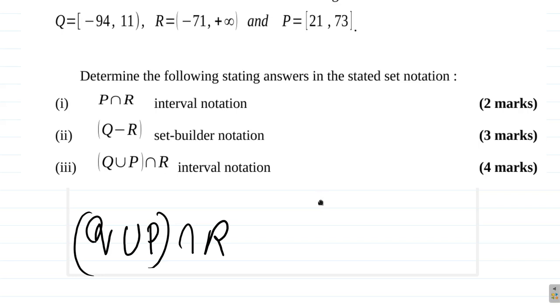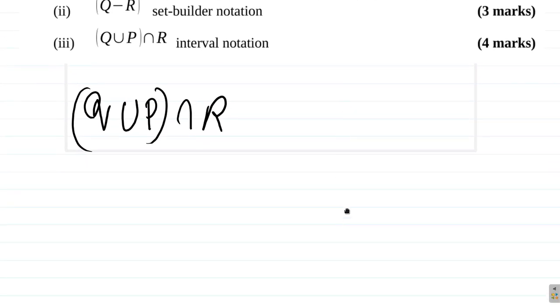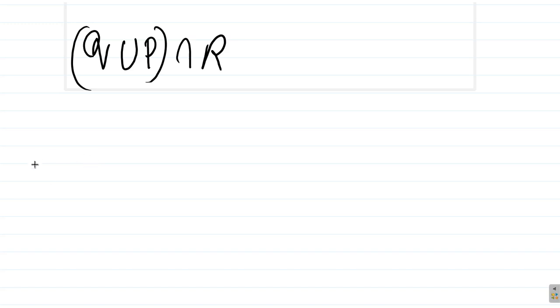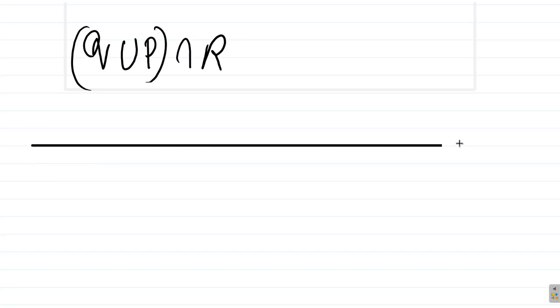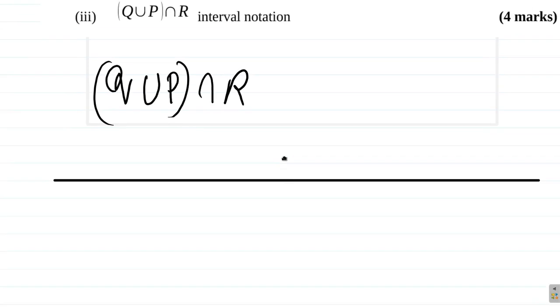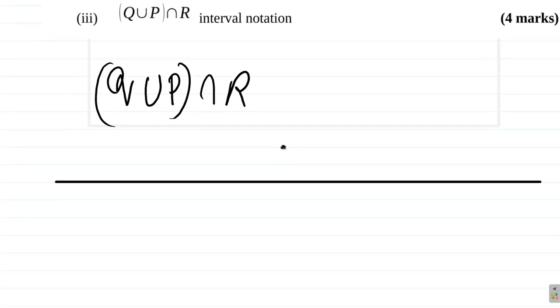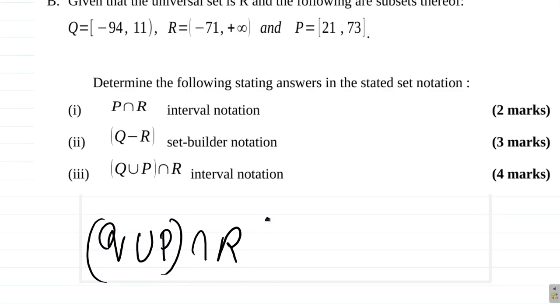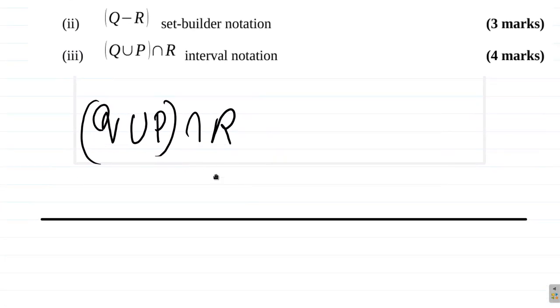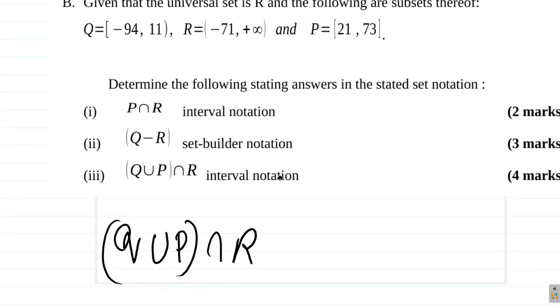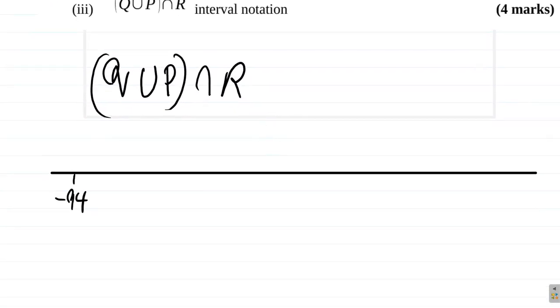Now Q, negative 94, 11. Alright, we have all three of them here, but let us draw our number line. We have our number line here. Now, the numbers we have go all the way down to negative 94, and up to infinity. We have negative 71. Let's put our negative 71 here.